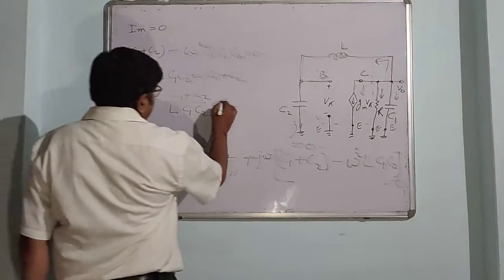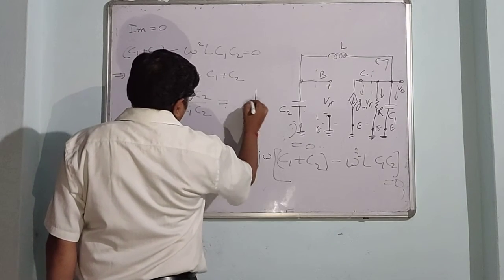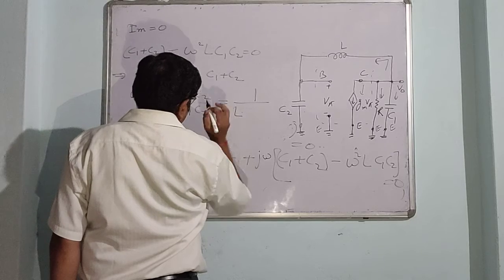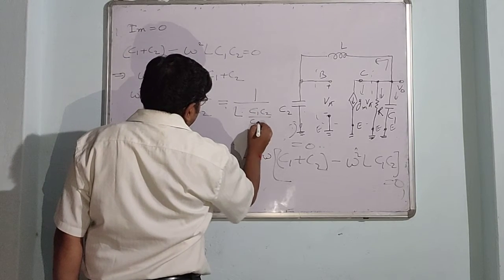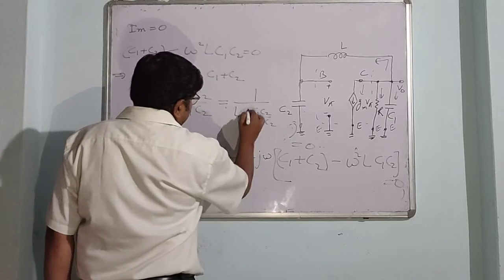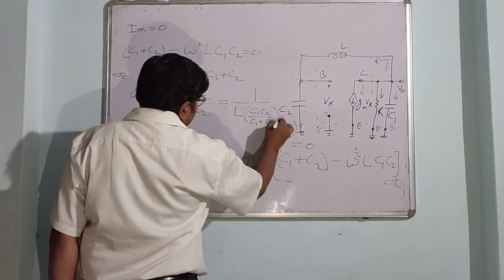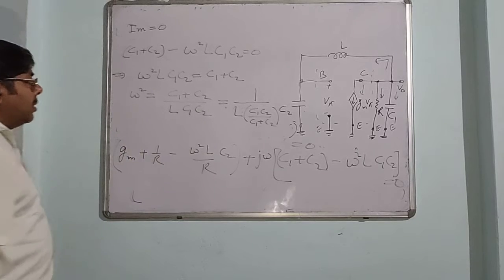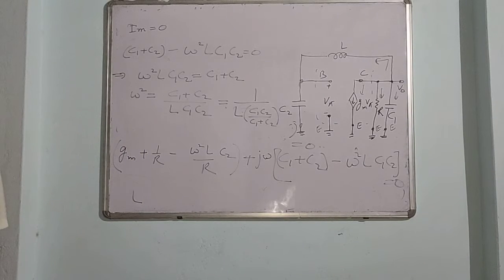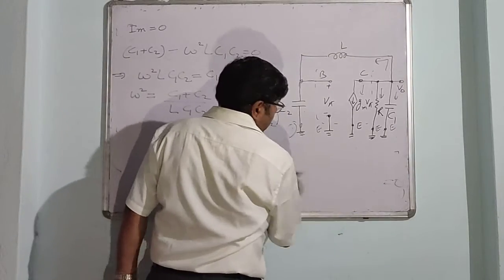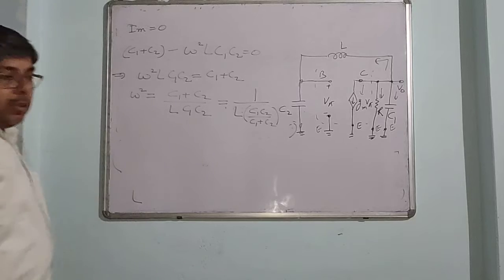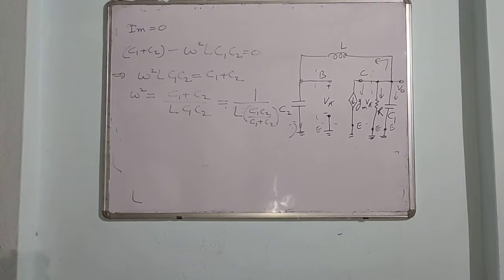Or you can also write this like 1 upon L into C1 C2 whole divided by C1 plus C2. And this part is the series combination of C1 and C2. So you can write this as C equivalent.